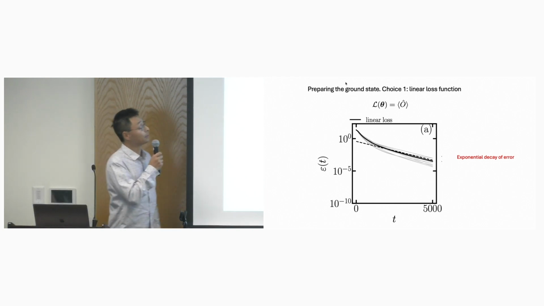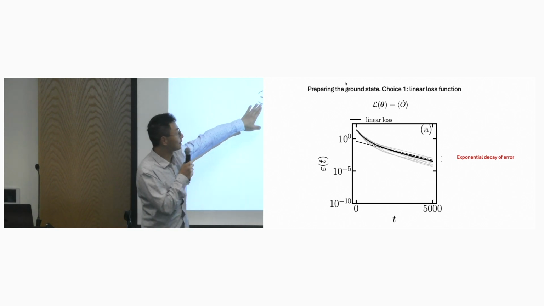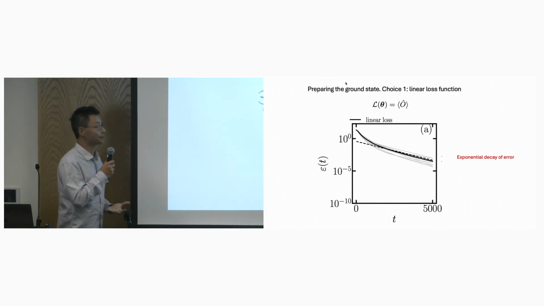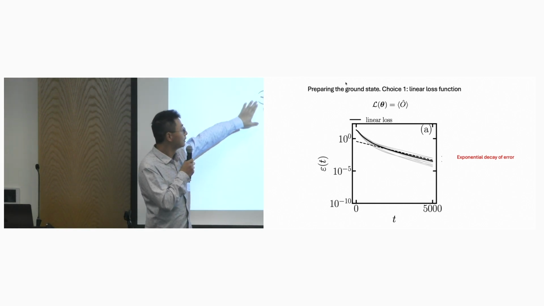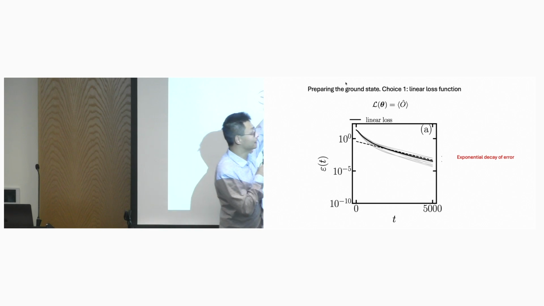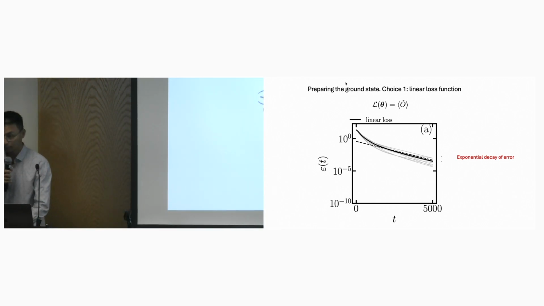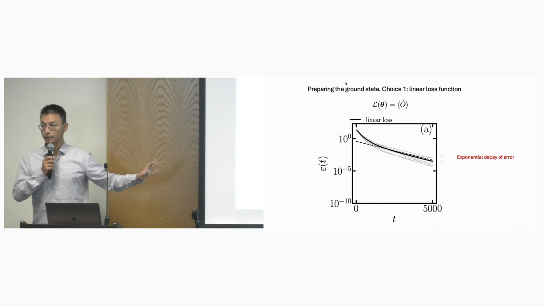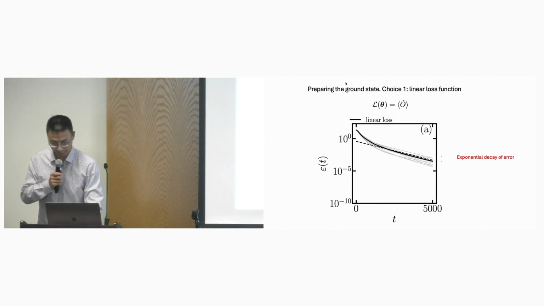So in this preparation of the ground state, if you choose a linear loss function, this is what you will get in the training process when you use gradient descent to update parameters to minimize the loss function in this quantum neural network. The loss function decays exponentially with the training time, which is good. Is this finite sample? This is assuming the shot noise is suppressed to 0, so it's infinite shot. Later on, we will have experiments considering finite shot.